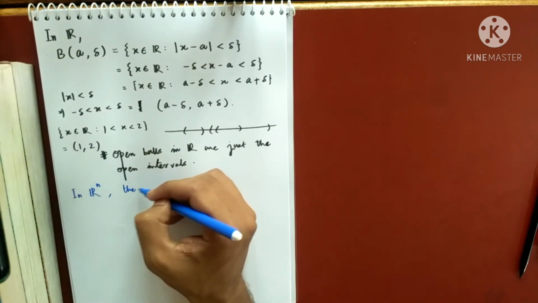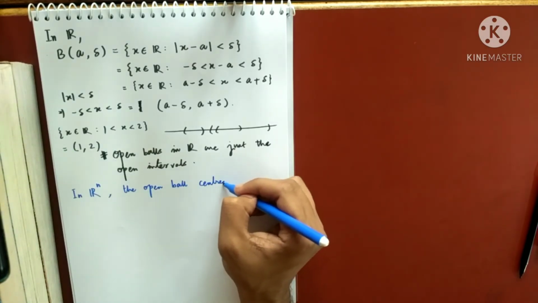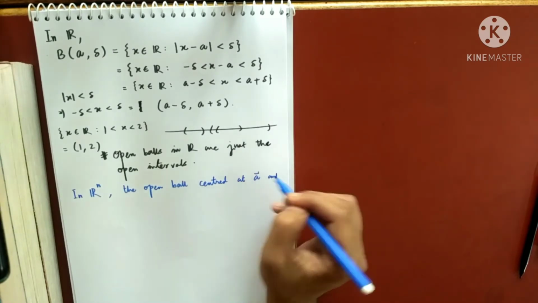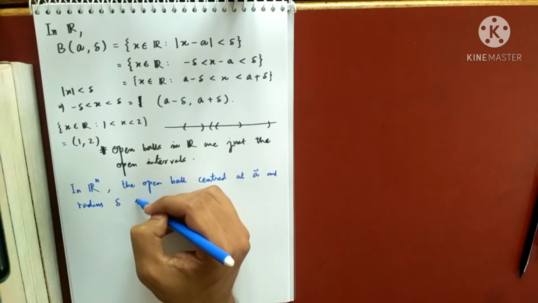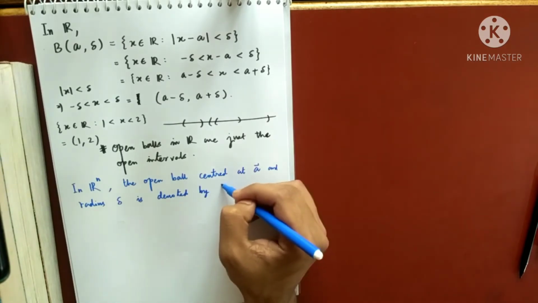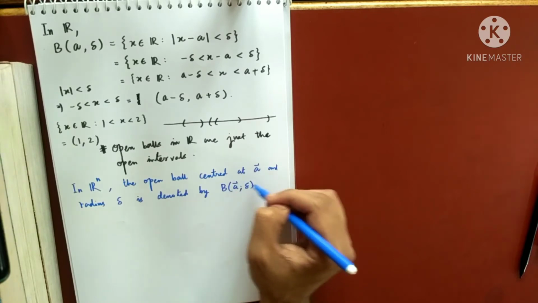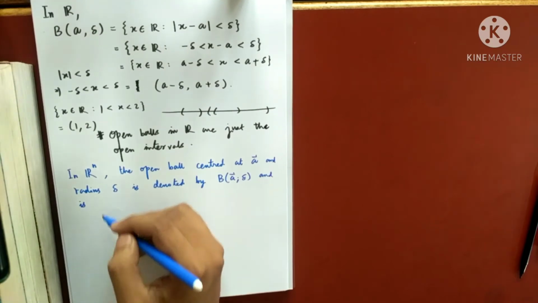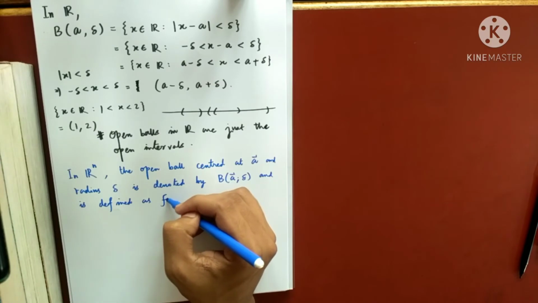The open ball centered at A and radius delta is denoted by, I already gave you the representation, I'll be using this representation, is denoted like this and is defined as follows.